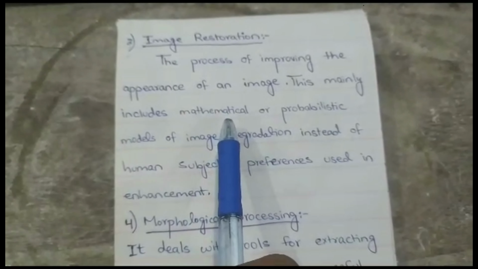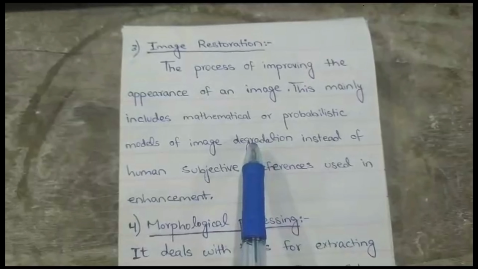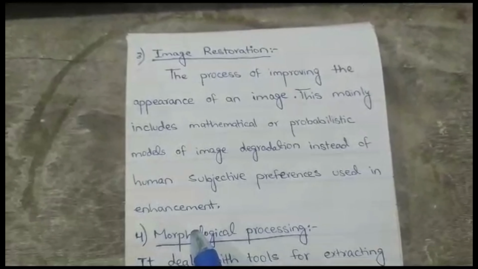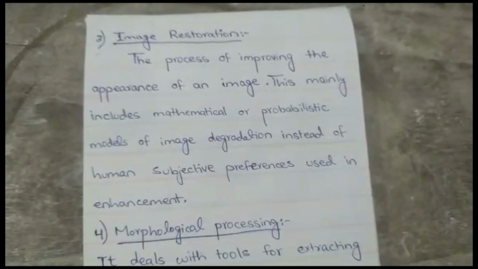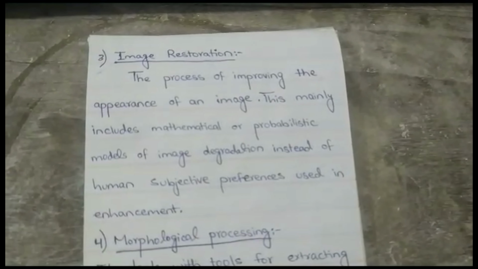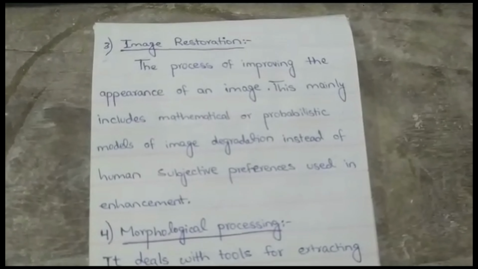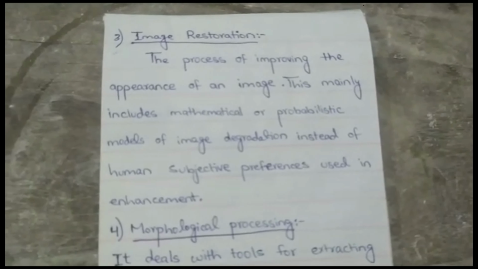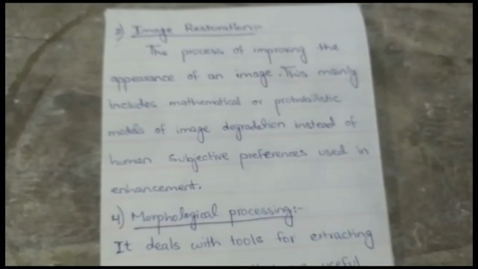This mainly includes mathematical or probabilistic models of image degradation, instead of the human subjective preferences used in enhancement. An example of image restoration is if your image is turned from one side, you can take the image and go through image equalization.